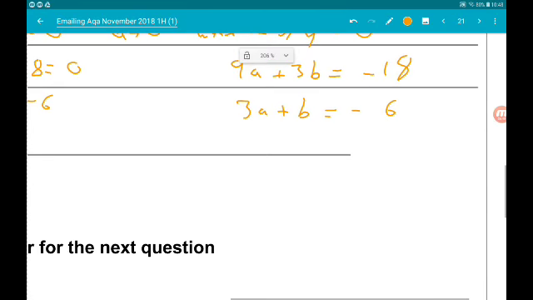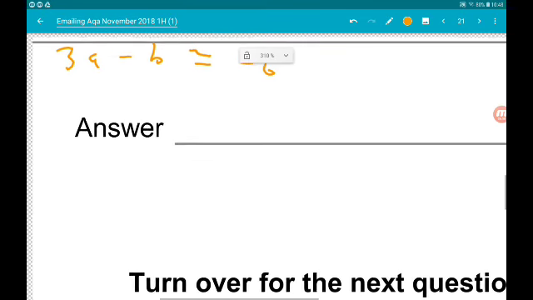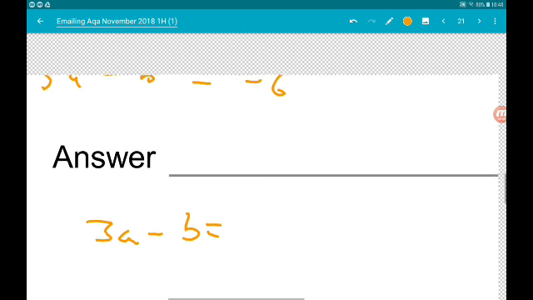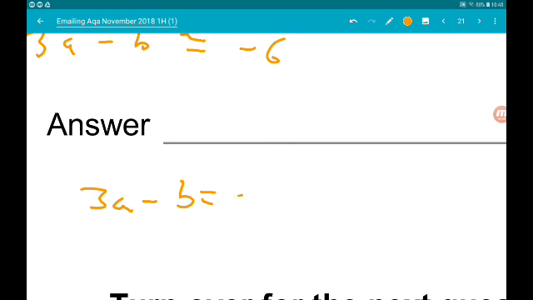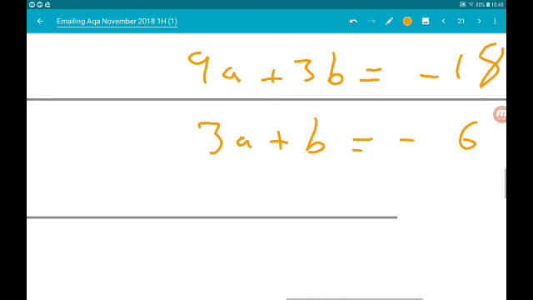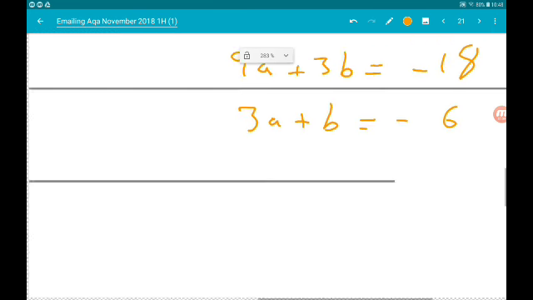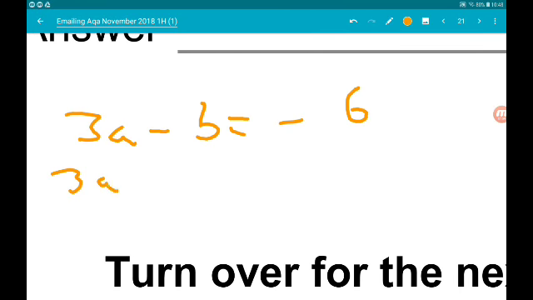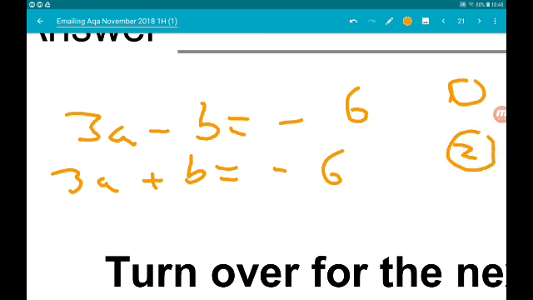So we now got two simultaneous equations, so we know 3a minus b is equal to minus 6, and we know 3a and b is minus 6. Okay, let's call these equations 1 and 2.